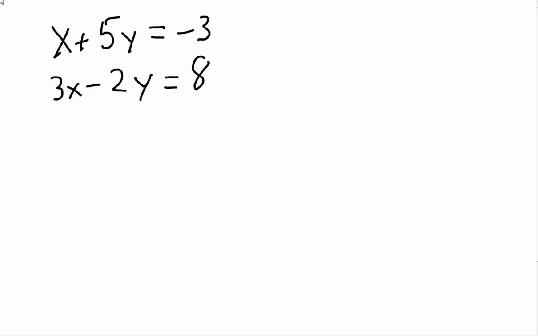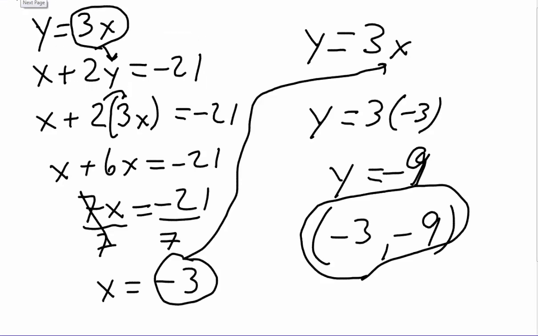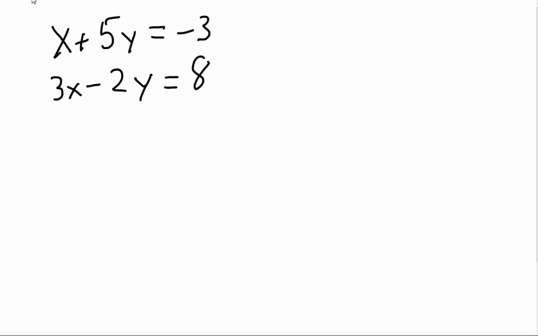Now if you notice, the difference between this problem and the problem prior is that in the problem prior, y was already solved for. In our problem, neither variable is solved for. So what we want to do is get x or y by themselves. If you notice, x has a coefficient of 1, which saves us a lot of work. If we can get x by itself on the left side, we can just do substitution.